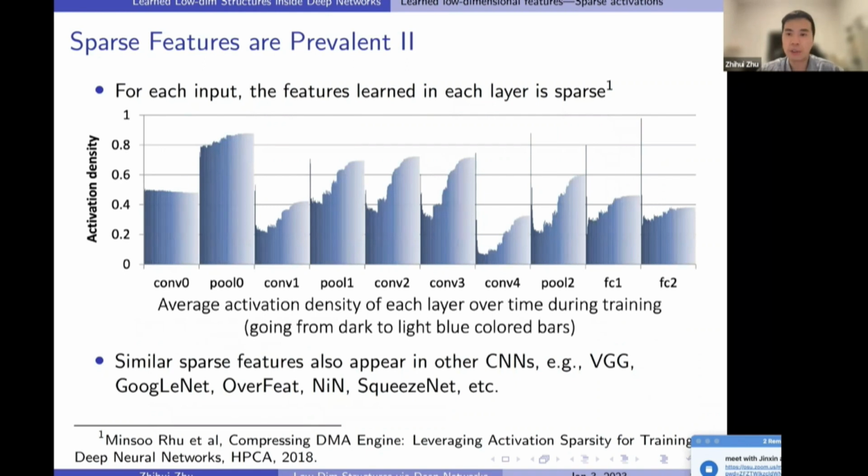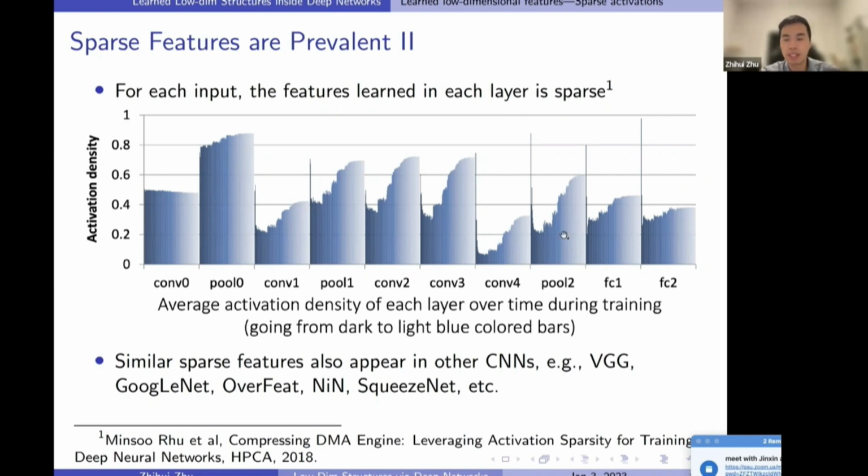This figure is obtained from the work by Mison and collaborators. They also plot the average activation densities of each layer over training. For each layer, from left to right, or from dark to light blue, it means from the initialization to the end of training.